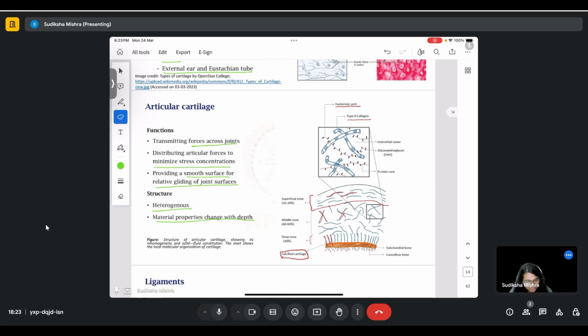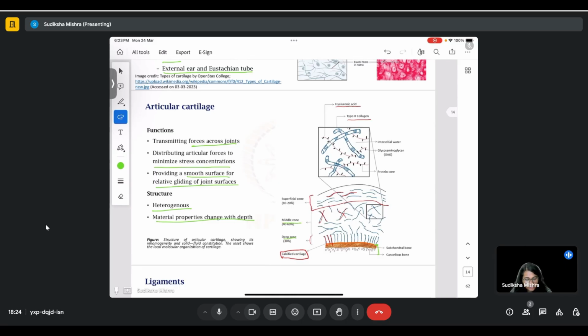Now, if you look at the structure, if this is the surface of the bone, there is some calcified cartilage just near to the bone, and it is essentially the deep zone.